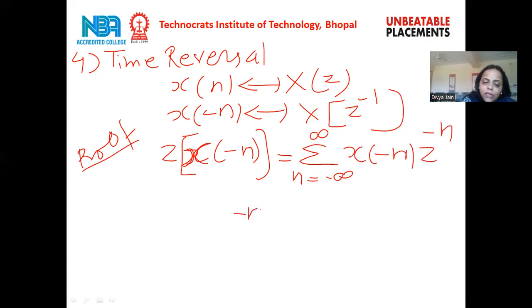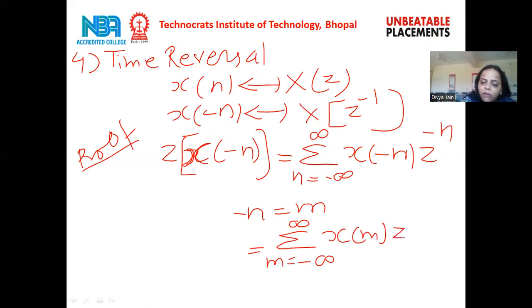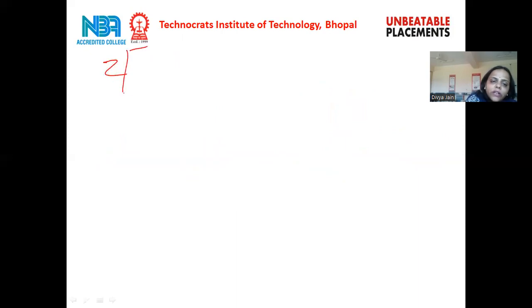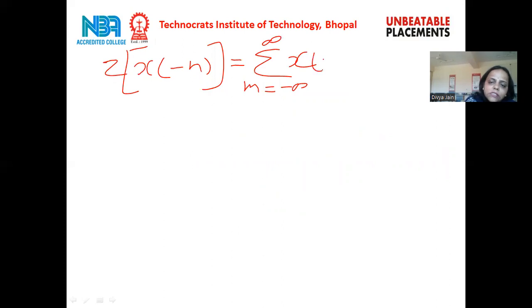So replace minus n with m. It will become the summation m equals minus infinity to infinity of x[m] z to the power m.